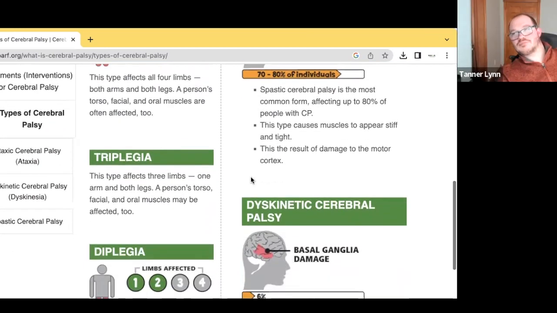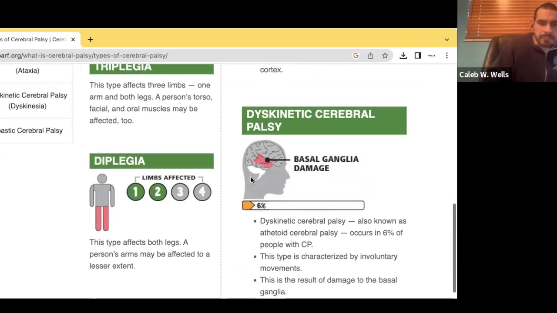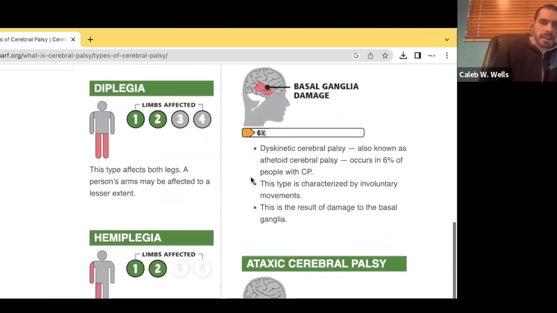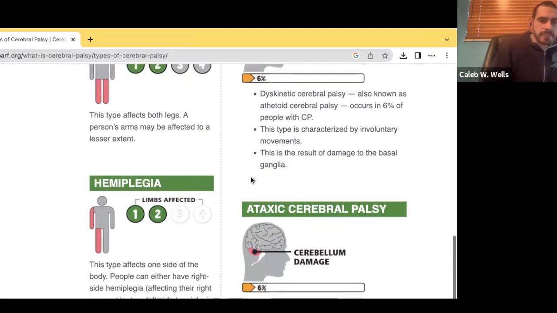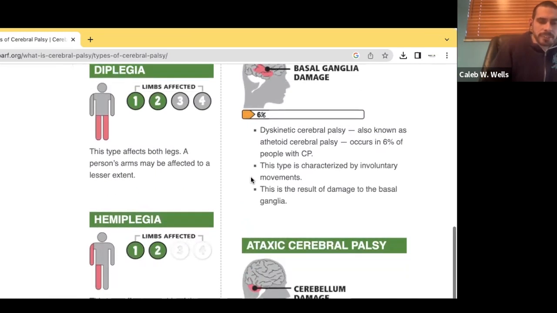Yep. There's dyskinetic cerebral palsy, which is damage usually on the left side of the brain, in the basal ganglia, towards the brain stem. It only occurs in 6% of cases, and most of those people end up with diplegia or hemiplegia on the left side.